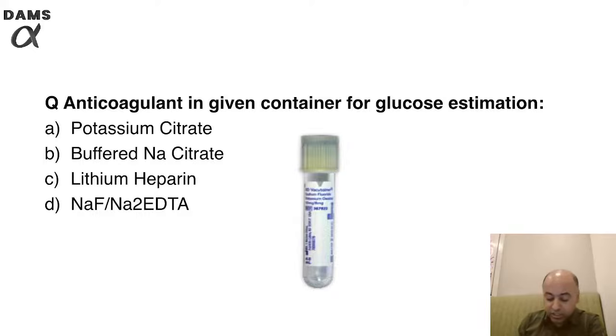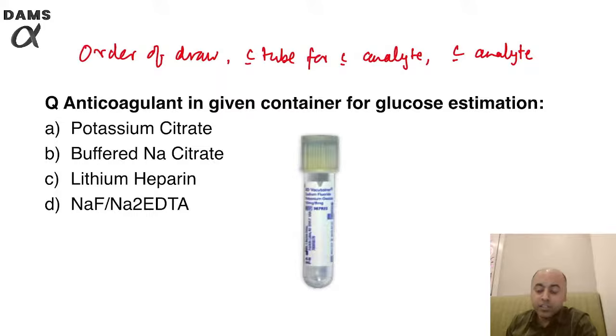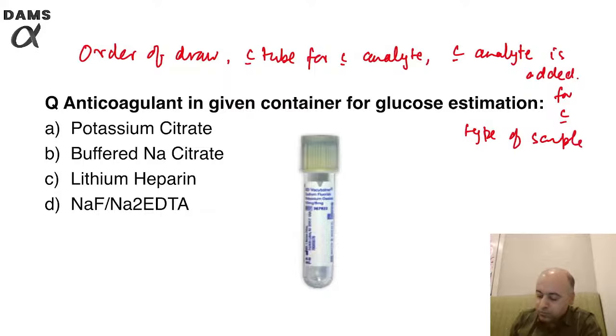The second very important question is related to blood sampling, the order of draw, which tube for which analyte, and which analyte is added for which type of sample, or in this case, which tube is to be used for which type of sample.